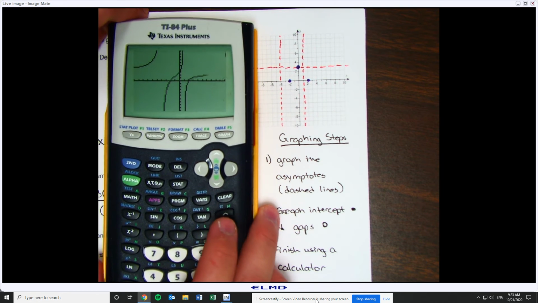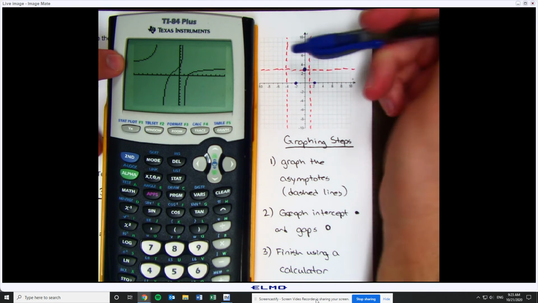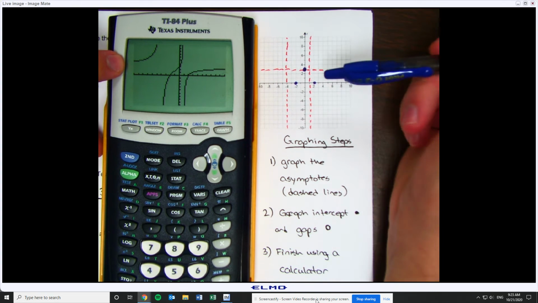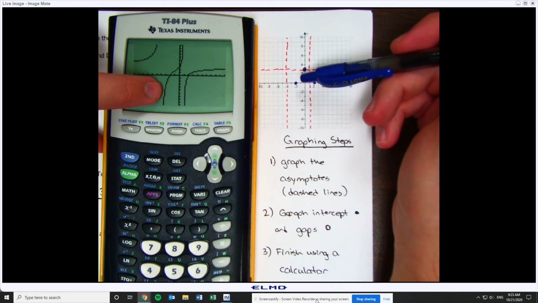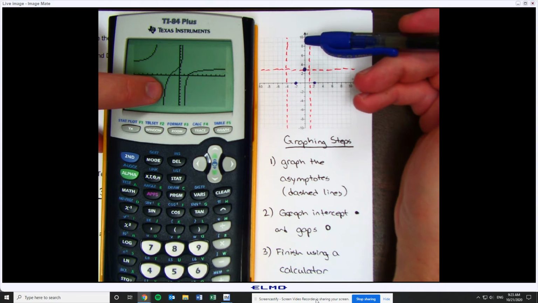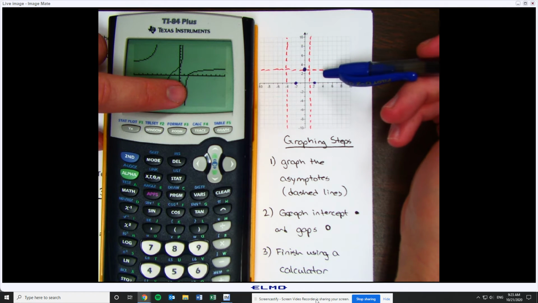Comparing them side by side, I see that this section of the graph is going to be in this part. This middle section will be right here. I have to go through, hit this point, hit that point, and then follow along. And then this last part is going to come up right here, hit the point, and then follow along right there.